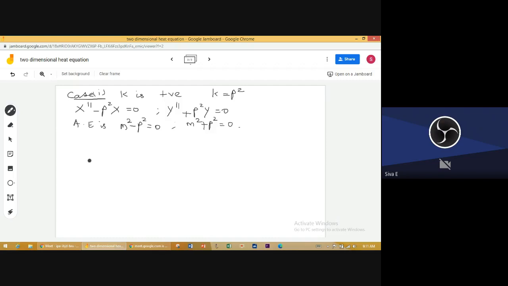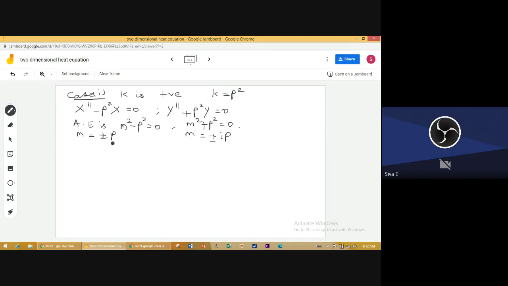So what are the roots? m equal to plus or minus p, and m equal to plus or minus ip.